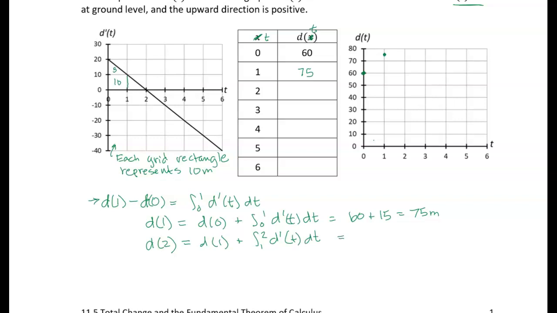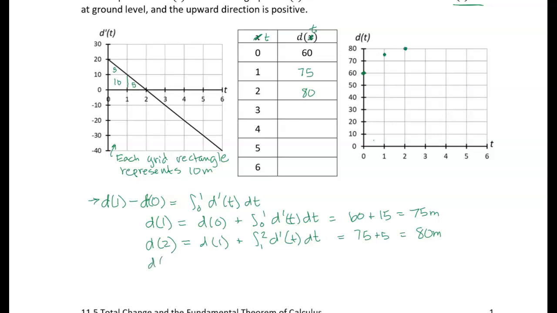Okay. And so our position at 1 was 75. And now the integral from 1 to 2 is this area. It looks like it's just 5 meters. So we're going to add 5 meters, and we have 80 meters total. So we can fill in the table and we can plot that point at t equals 2.